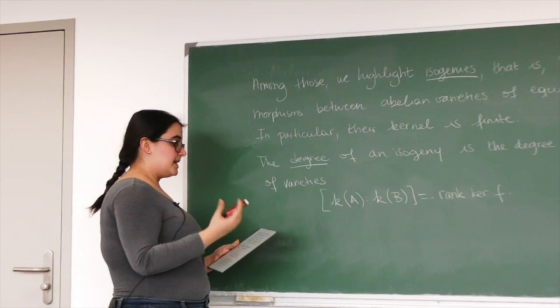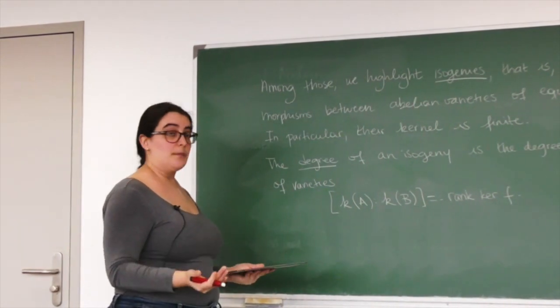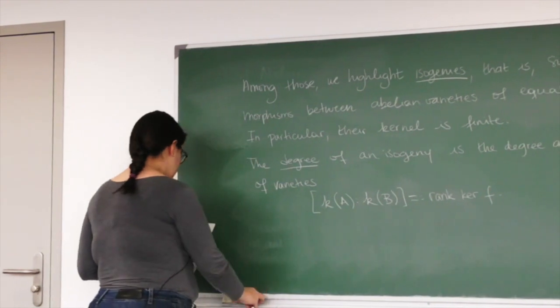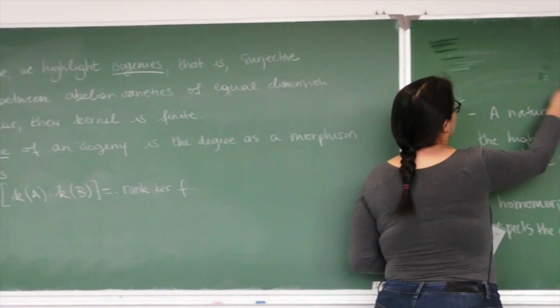And so the example that we inherit directly from there is the multiplication by n map. So let me write it in the general case of dimension g abelian varieties.